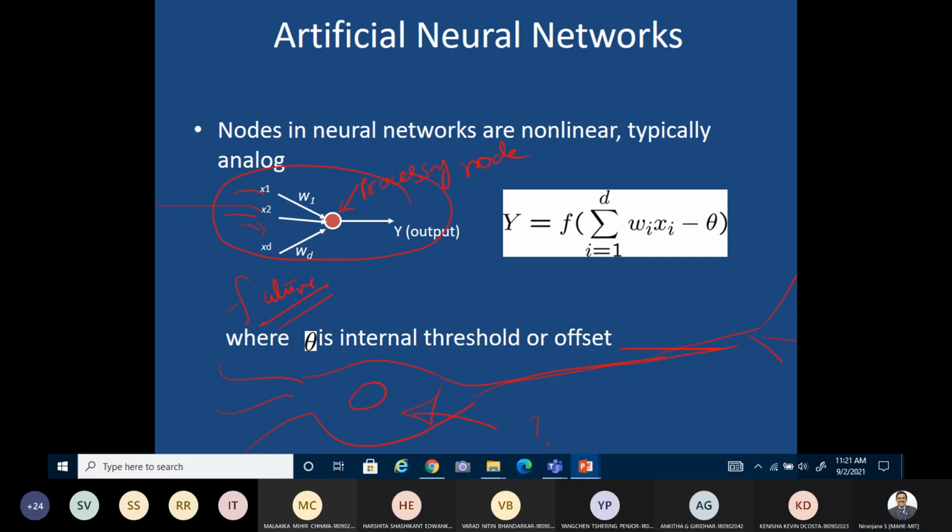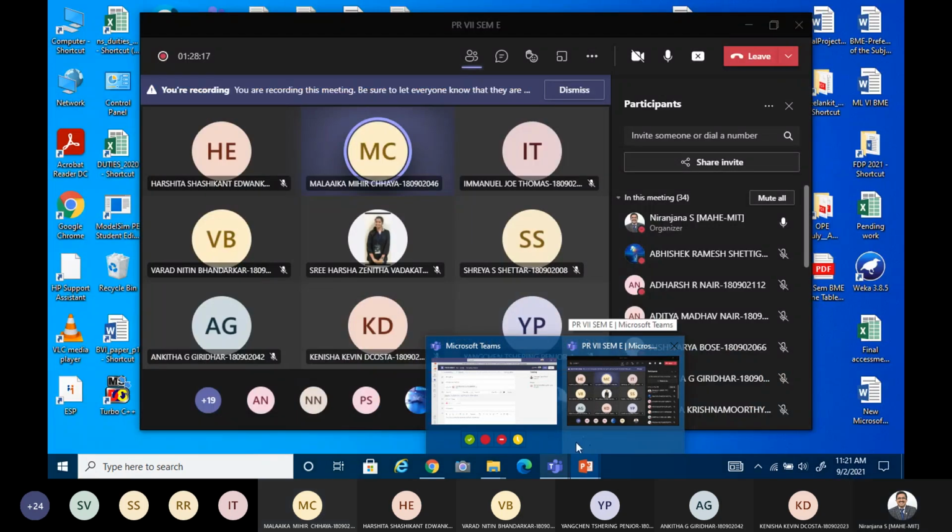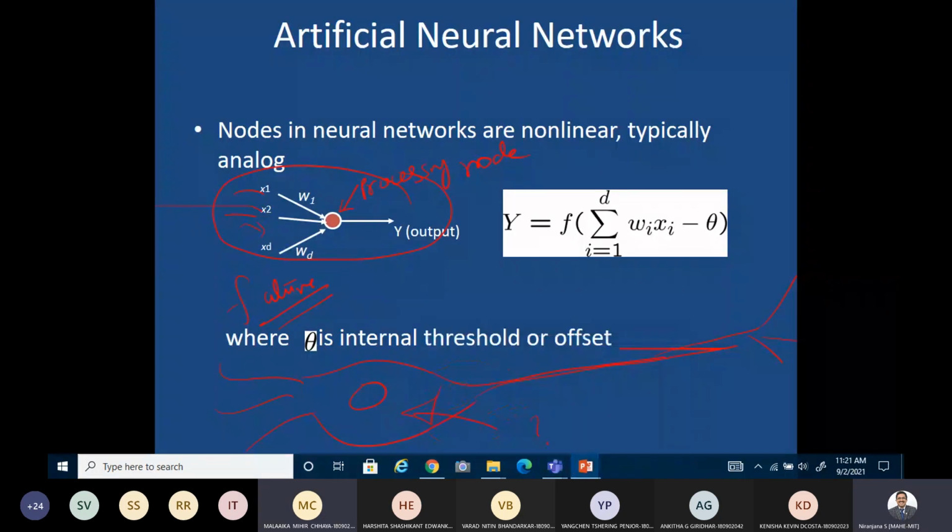Anyone? The cell body. Yeah, cell body. Correct. So this cell body is the processing region of a natural biological cell.